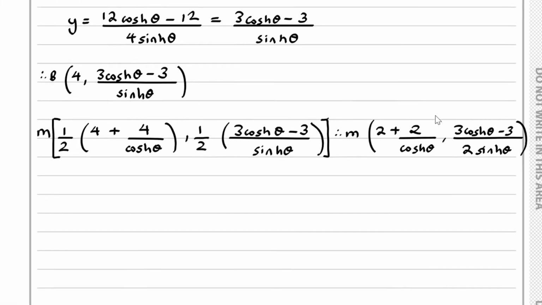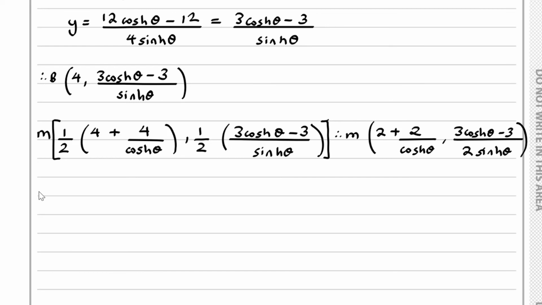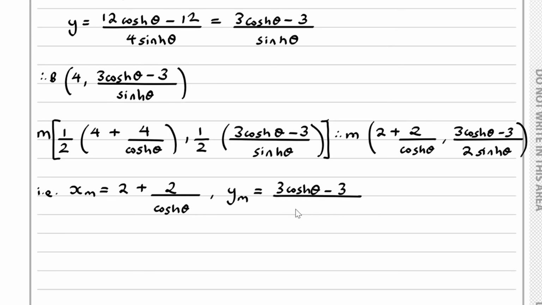What you can hopefully see from here is that the x coordinate of M is equal to 2 plus 2 over cos theta, and the y coordinate of M is equal to 3 cos theta minus 3 over 2 times sine theta.